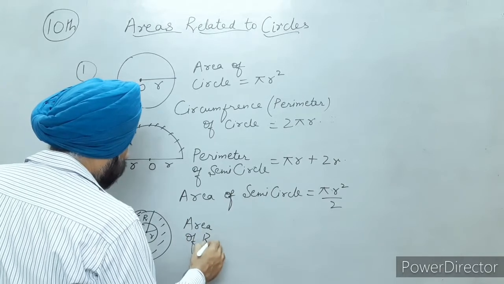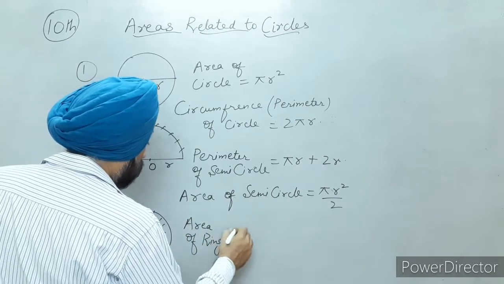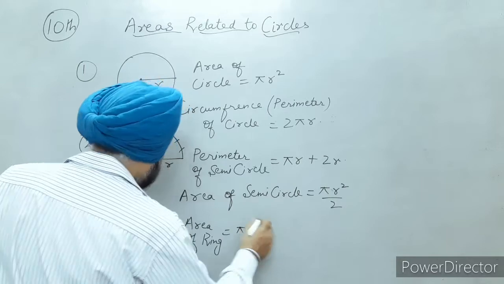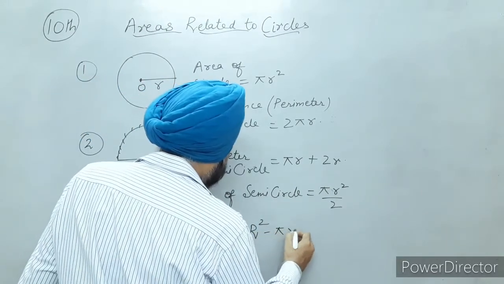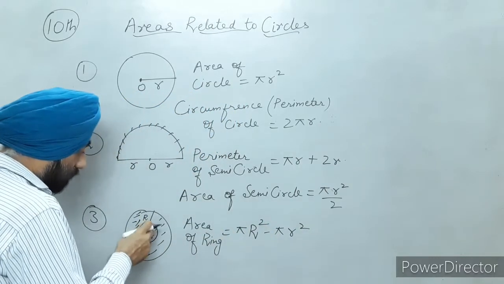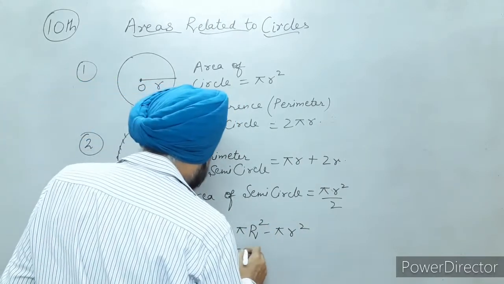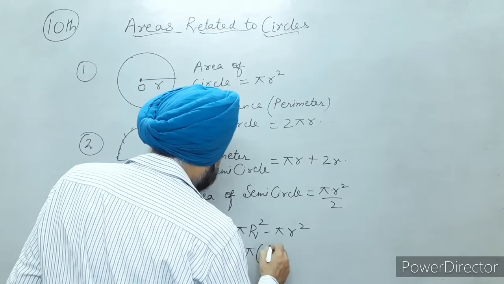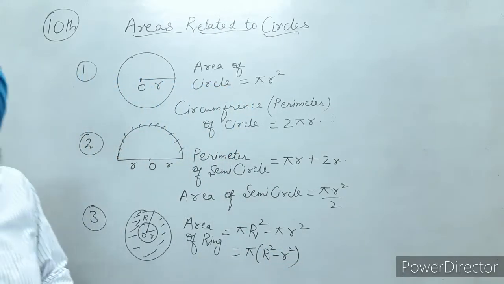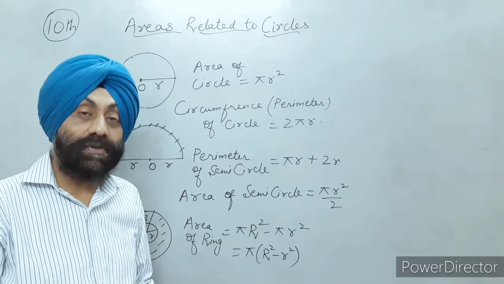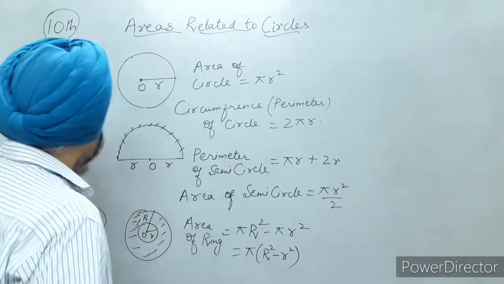Area of the ring is the area of the outer circle, pi R square with a capital R, minus pi r square, the area of the inner circle. Pi is common, R square minus r square. This is the area of the ring. I'm sure you must have got the things now, right?